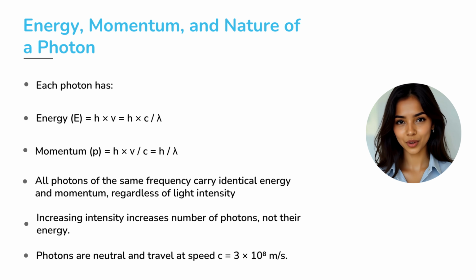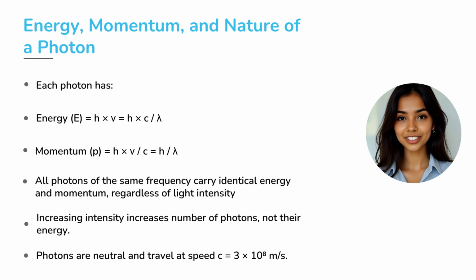Now, photons also have momentum, even though they have no mass. The momentum of a photon is given by p equals h times nu divided by c. We can simplify that using c equals nu times lambda, giving p equals h divided by lambda. That means the shorter the wavelength, the greater the photon's momentum.